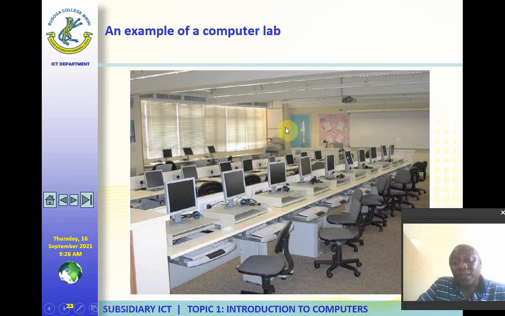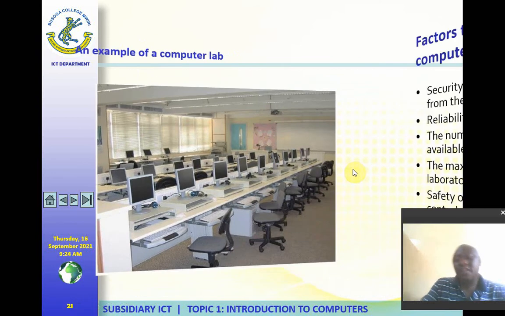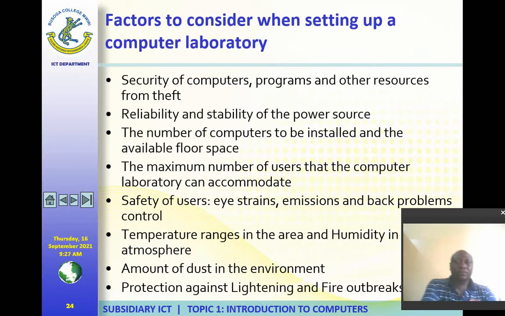You can see the windows. Now we need to look at these factors for the security of computers, programs and other resources. First of all, you need to look at stability of power, the reliability of the power source.